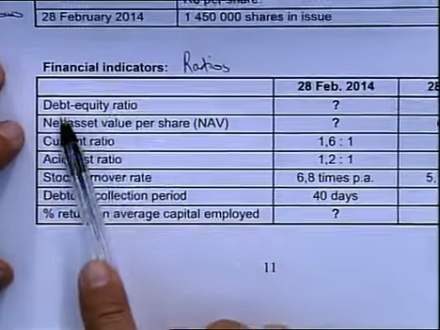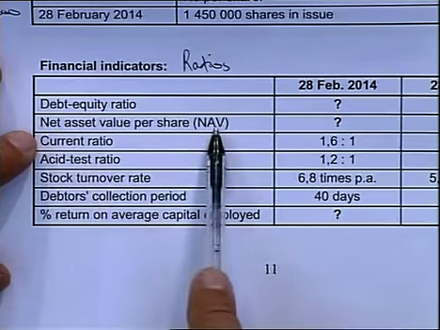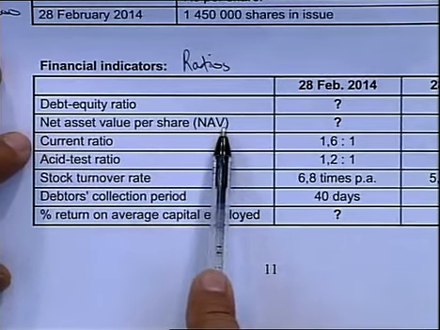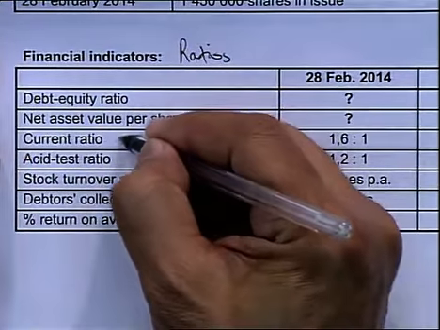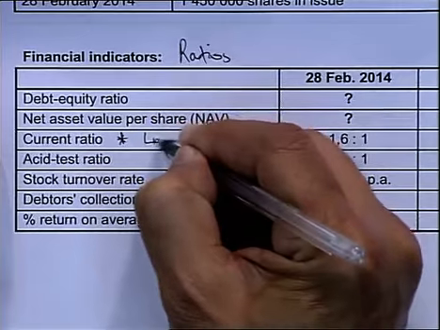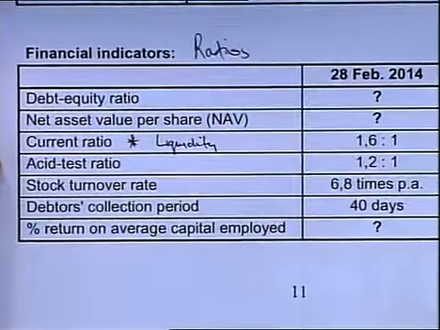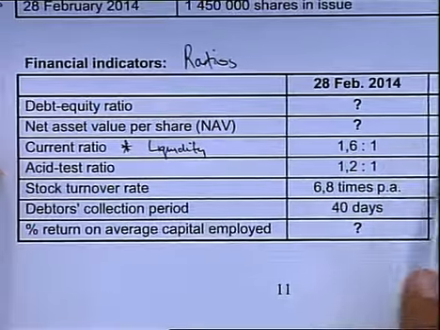There they give us debt equity. That was the ratio that has to do with loans. The net asset value, that has got to do with the current value of the asset. The current ratio, here we go. That's one of the liquidity ratios. I have the figures for the 2 years, and I can just comment.